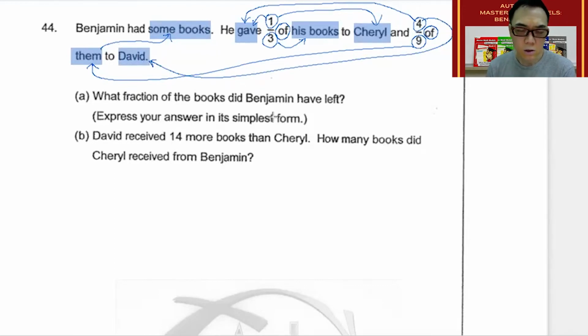The question in part A says, what fraction? So your answer needs to be a fraction of the books. This means that the denominator is the books, because again the word books comes after the word "of", hence it represents the denominator.